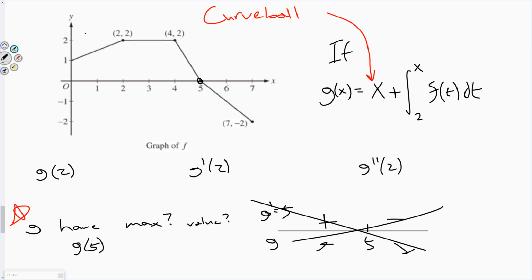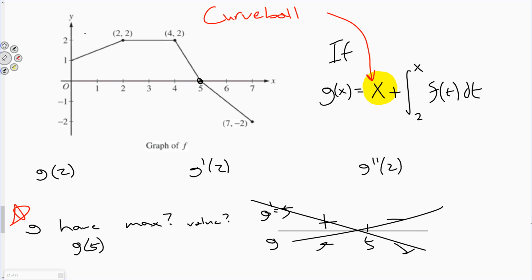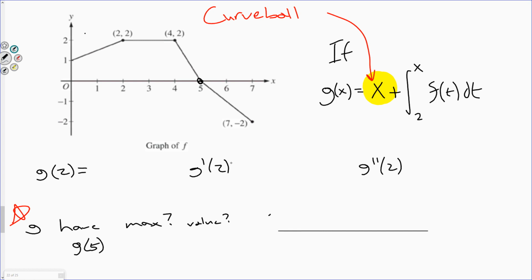Entirely wrong because of the curveball. There is something else besides just an integral on the right side. This is a different question that should be handled a little bit differently, but mostly the same. How we're going to handle this is to realize through finding these values that things are a little bit different here.